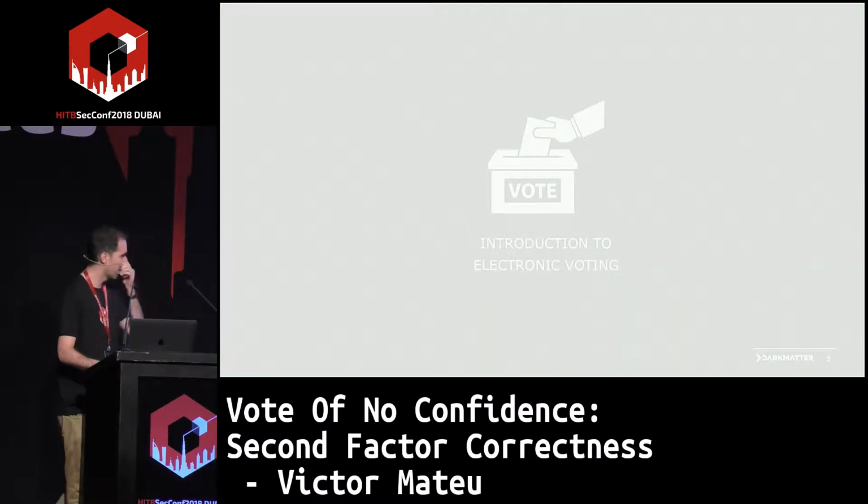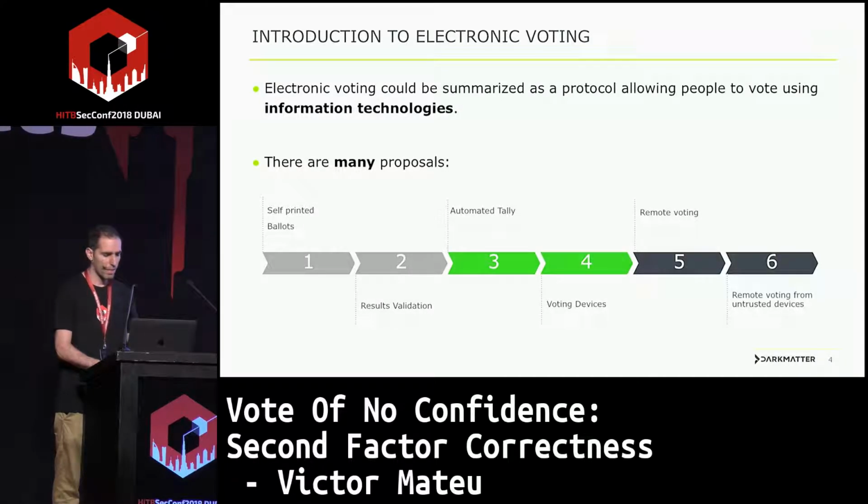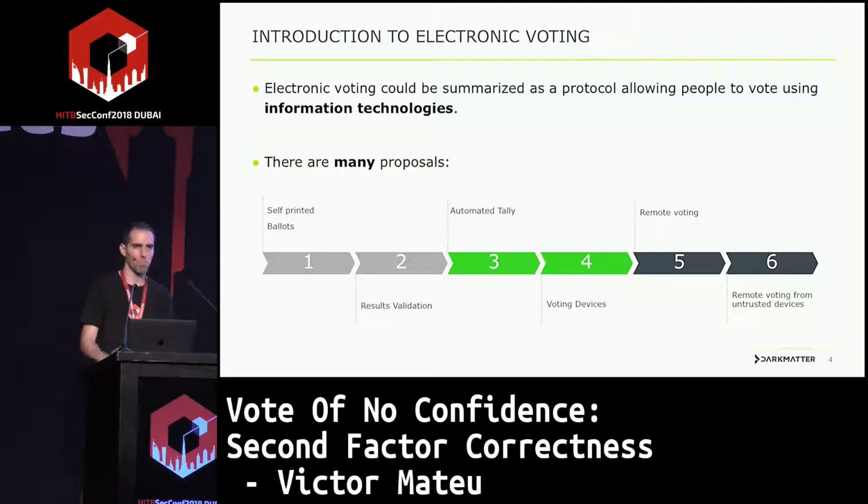So let's start with a brief introduction to electronic voting. Let's say that electronic voting can be viewed as just an application in which you use computers in order to solve some electoral process. This started from the self-printed ballots, in which basically you avoid the cost of printing everything.